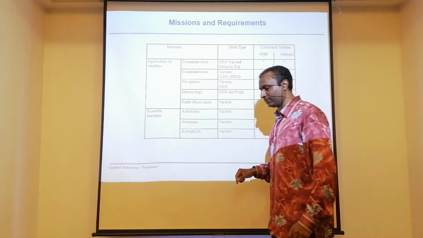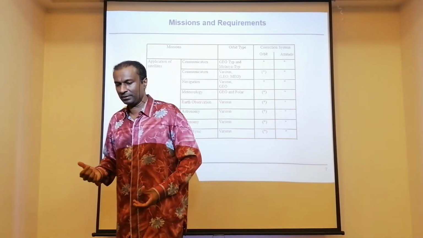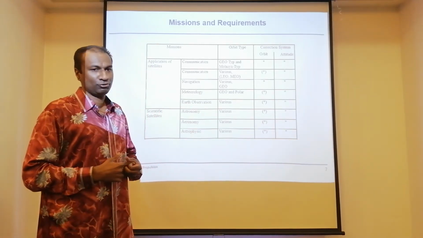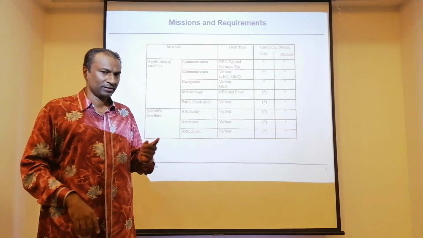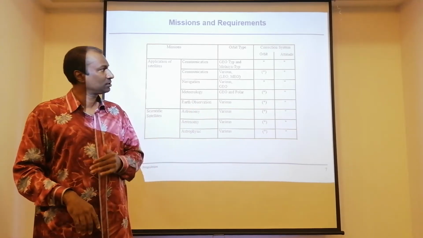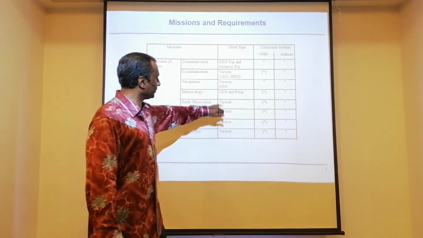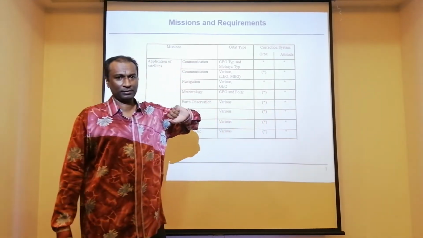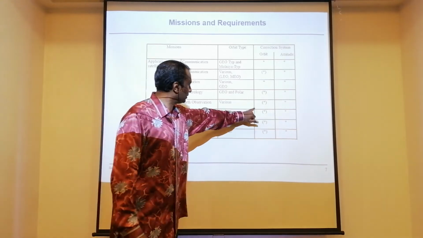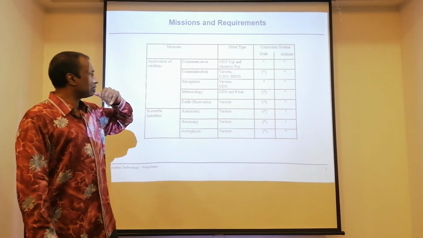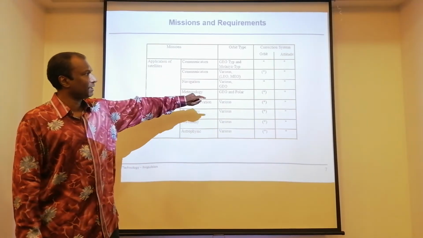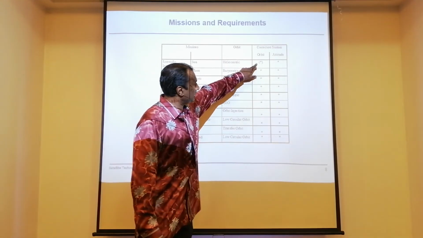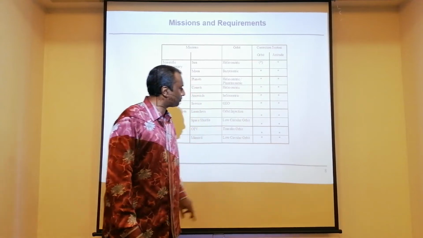These correction systems say whether I have an orbit or an attitude. As I've said, orbit is a translation motion, attitude is a rotational motion. If you look at it, everything in brackets is optional. Okay, on the next page also we have it. All this basically says that there's an option.